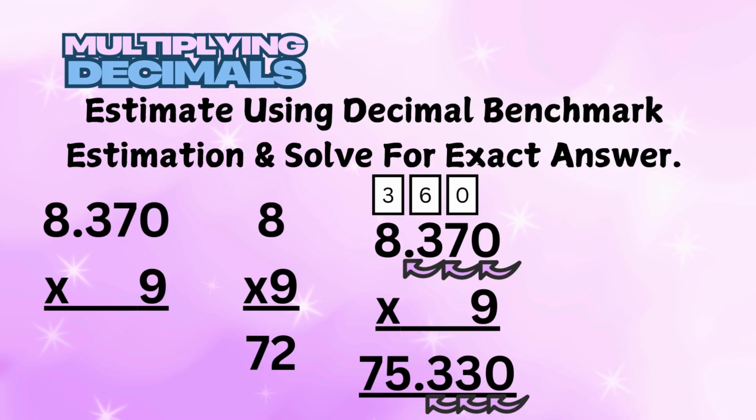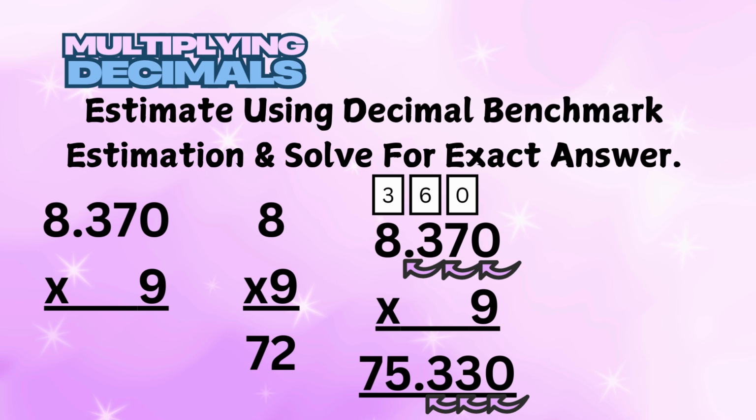Okay, here we go. We're starting with the estimate, using decimal benchmarks. I wanted to round to the nearest whole number. I started with the number 8.370, and rounding it to the nearest whole number using decimal benchmarks, I have to look at the number in the tenths position.